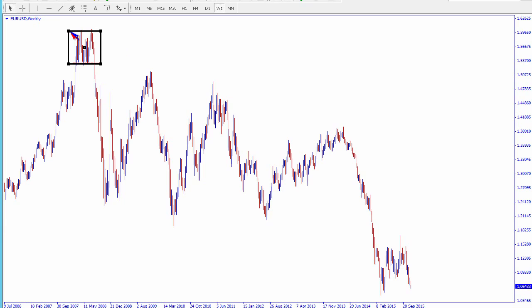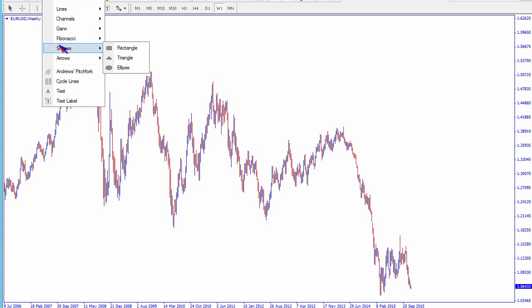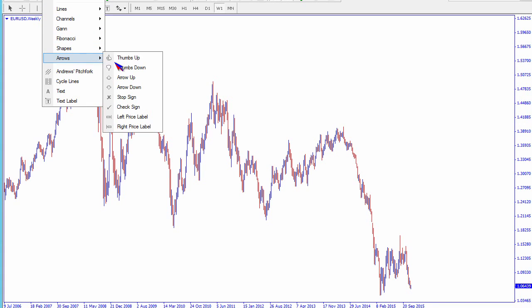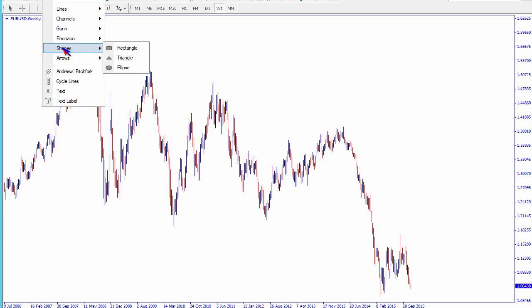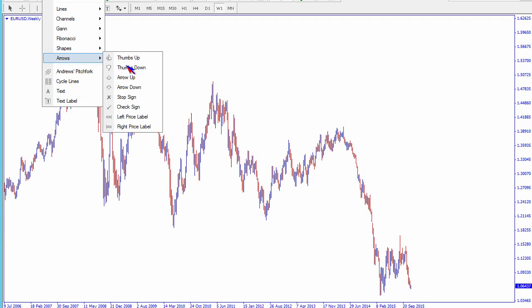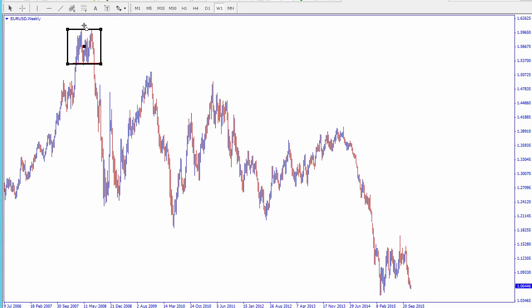We'll start our journey from back here. What is one of the first things we actually see back here? I wrote down shapes, arrow, arrow down. So right here was a swing high.